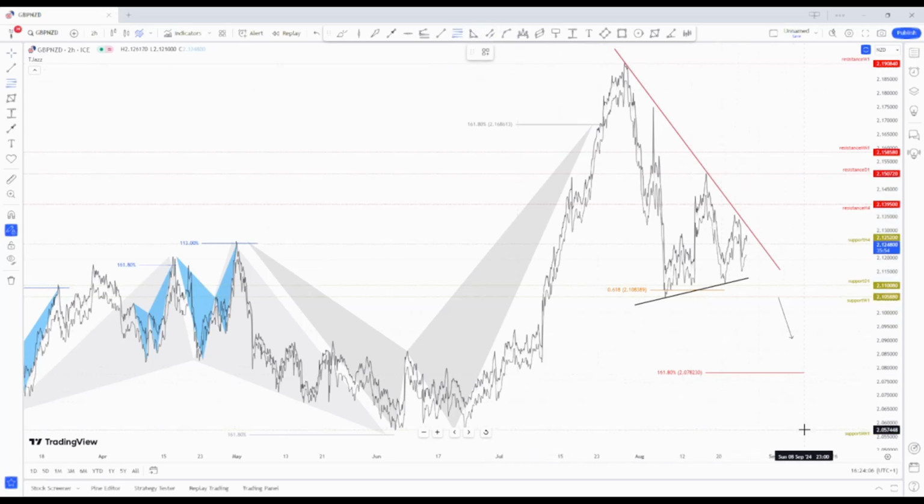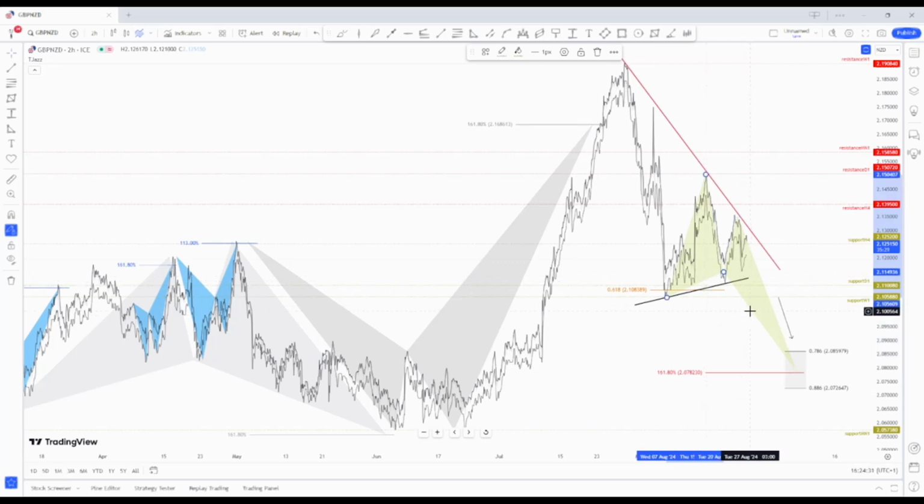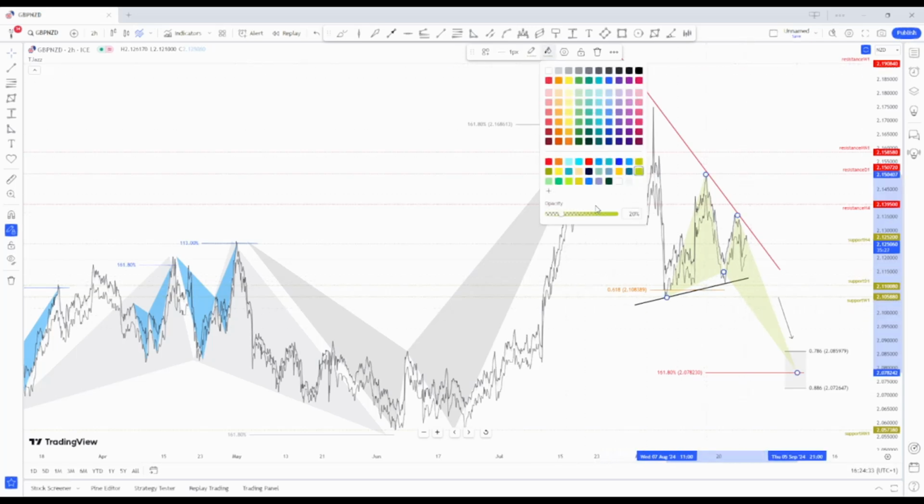That should be equivalent to a 78.6 perhaps, between the 78.6% and 88.6% Fibonacci level. So if the price breaks below this support level, at some point you should start to consider the bullish crab pattern below. So that's the bullish crab pattern at the golden Fibonacci extension level.